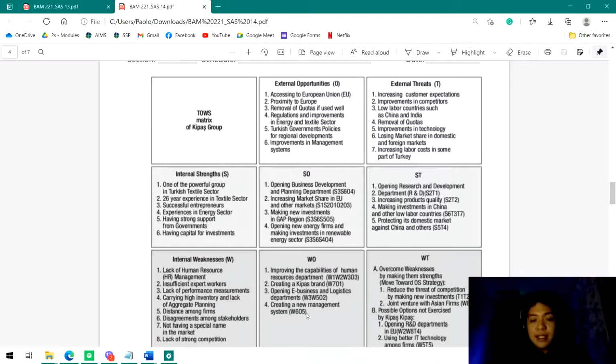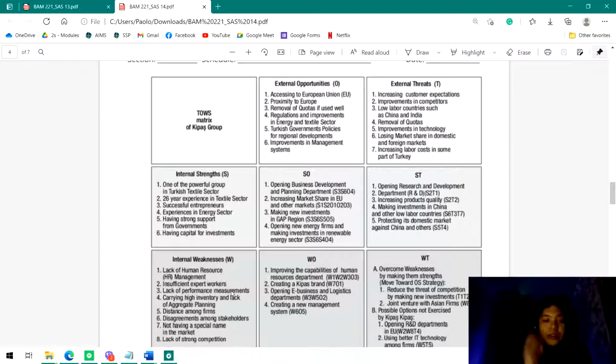Now, let's see, for example, yung ating first WO strategy na nakalagay dito. Sabi, W1, W2, and W3. Ang W1 natin is lack of human resource management. W2, insufficient expert workers. W3, lack of performance measurement.